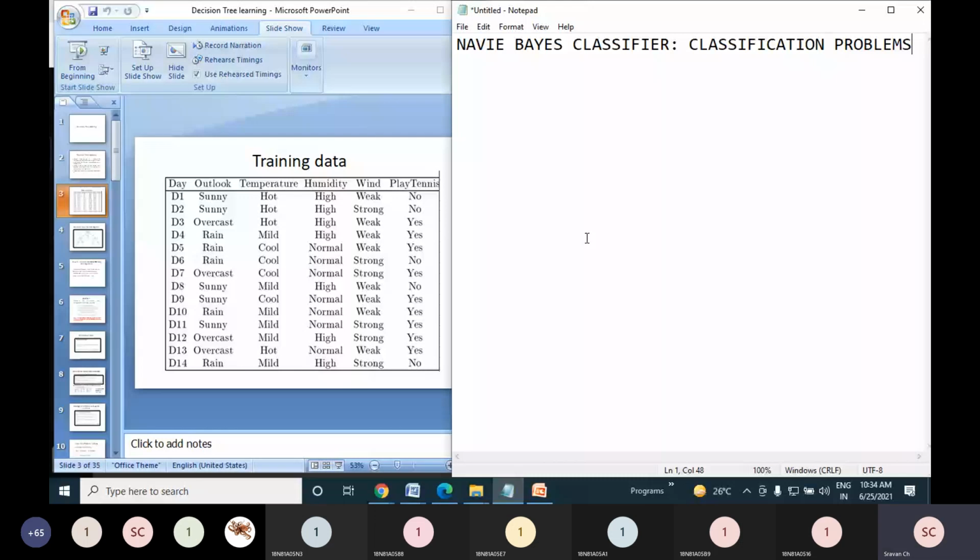We call them output classes, or class labels. In this problem, the class labels are 2, yes or no. Since there are only 2 class labels, this is called binary classification.